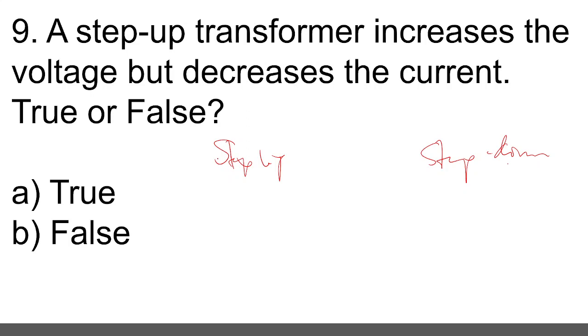Now, step up yung kanyang secondary winding ay mas marami sa primary winding, which is kabaliktaran ng step down, wherein the primary winding is much larger or mas marami kumpara sa kanyang secondary winding.